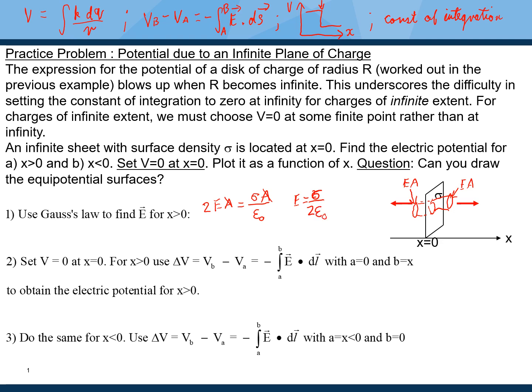Okay, so if I erase the pillbox, I can write the electric fields on either side in nice vectorial notation.